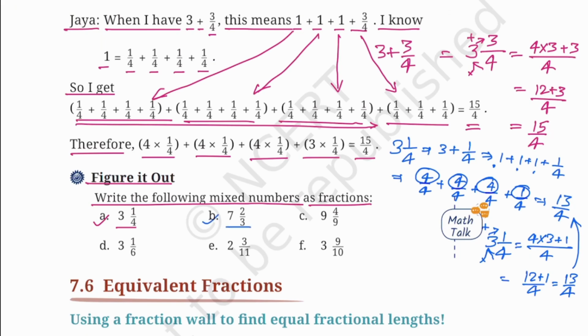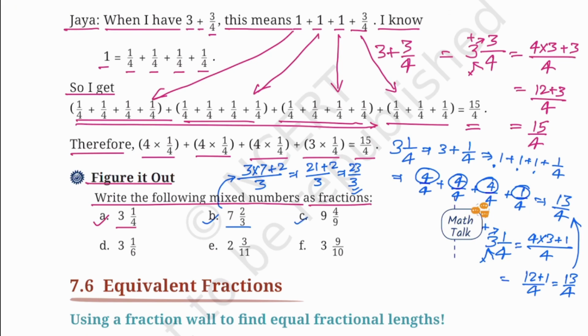B. 7 whole 2 upon 3. You can do using the second method, 3 into 7 plus 2 divided by 3. 21 plus 2 upon 3. That is 23 upon 3. The answer is 23 upon 3.